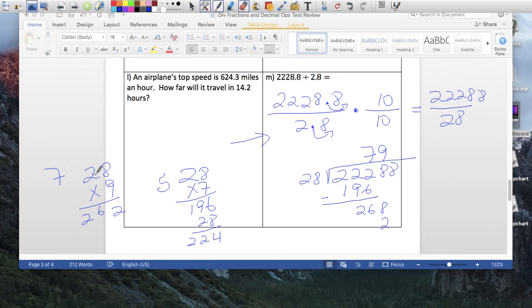Subtract: 8 minus 2 is 6, 6 minus 5 is 1. Bring the last 8 down, and 28 goes into 168 six times. 6 times 8 is 48, carry the 4, 6 times 2 is 12, plus 4, 16. So it worked out nicely. So the final answer is 796.